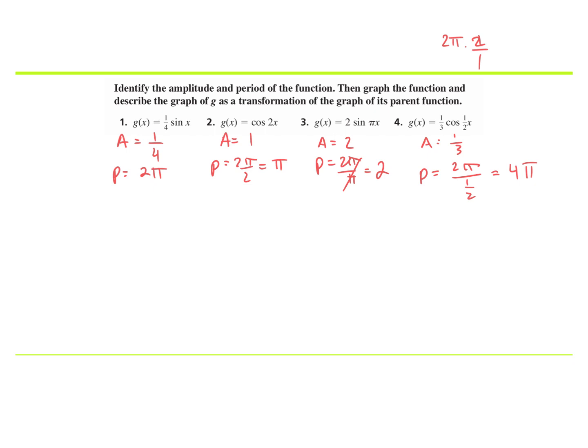I think I should be able to graph most of them in the same one, except for number 3. So I'll graph 1, 3, and 4 in the same one. So this is pi over 2. This is pi, 3 pi over 2, 2 pi.